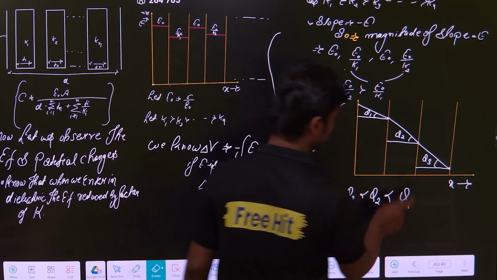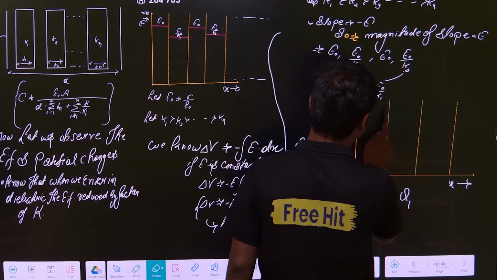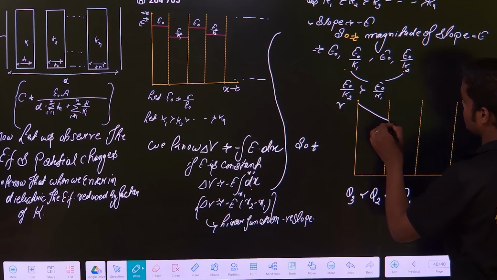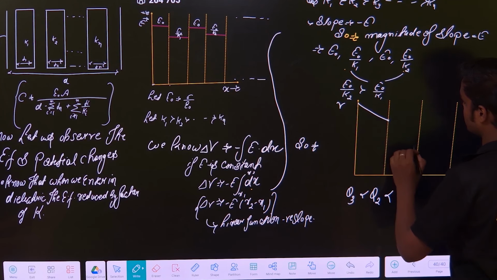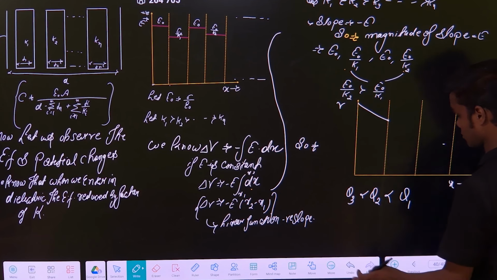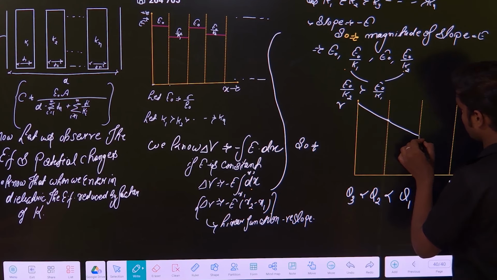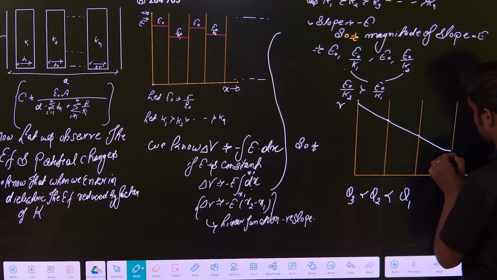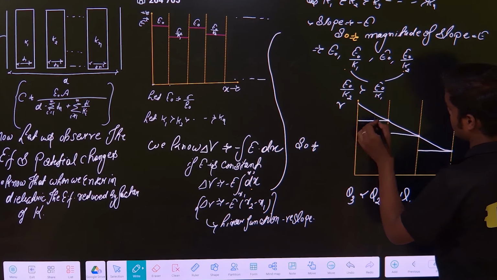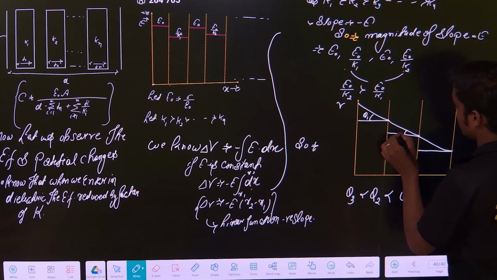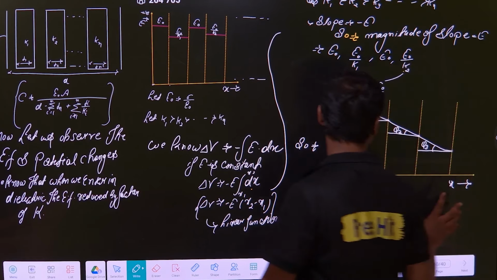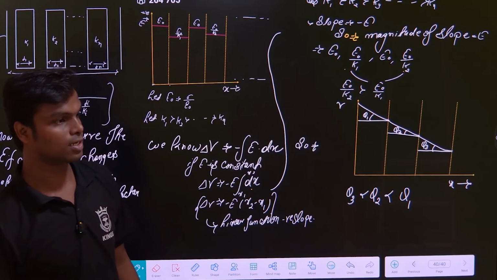Let me draw it properly. It doesn't look like this, okay? Theta 1, theta 2, theta 3, okay? So this is the graph of potential you will get, okay?